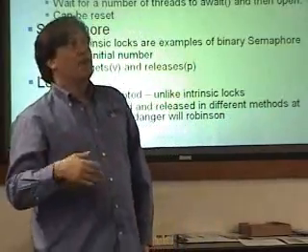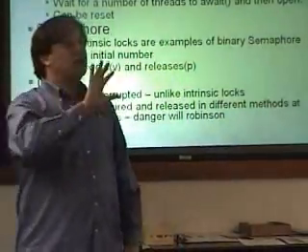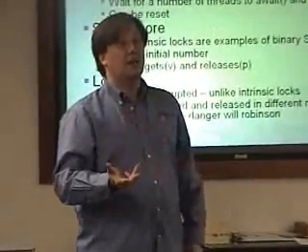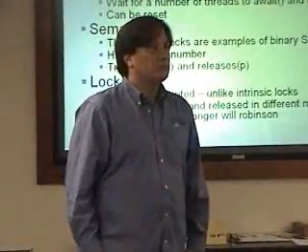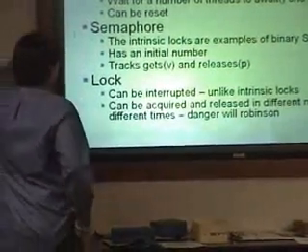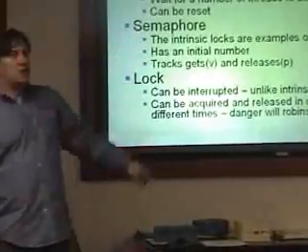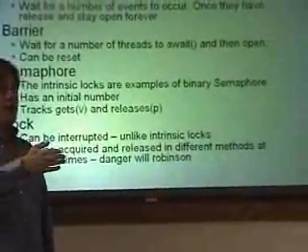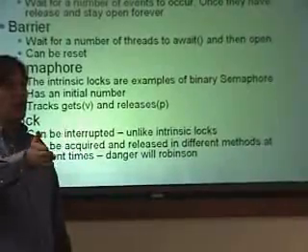So for example, if I'm in a test and I want all these different threads to start about the same time, or at least have a fair chance of starting at the same time, I might use a latch. All right? A barrier is sort of like a latch, but you can reuse it. So a barrier will open up, and then it can close again, and open up and close.